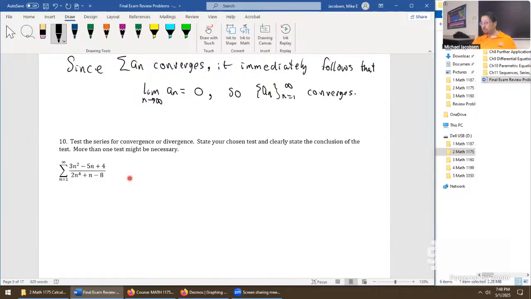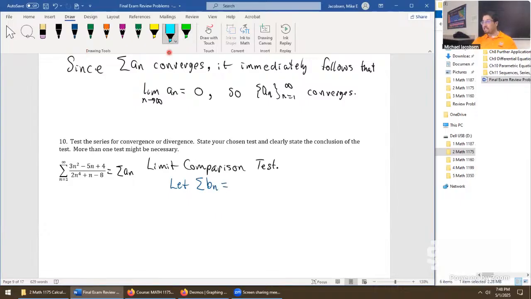But you know what would work really well for this would be the limit comparison test. Which means we have to test 2 series, but that's okay. It's not too bad to get through these. Call that summation an. That's the one we ultimately want to test. But to do that, we define a new one, summation bn.